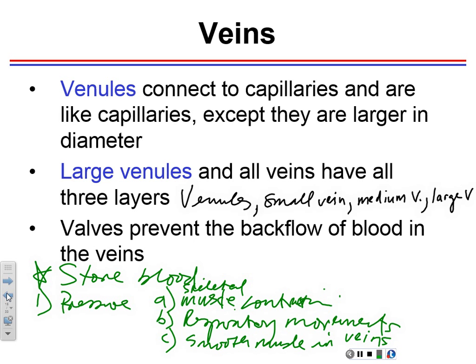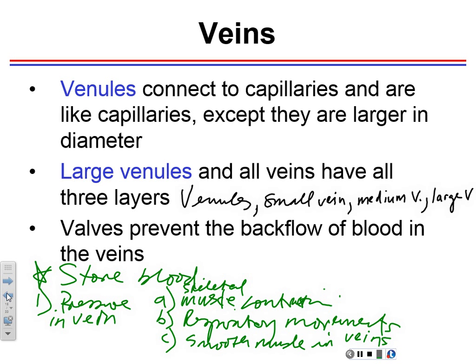Pressure in veins, we can call it, is a result of skeletal muscle contraction, and as a result of respiratory movements, inspiration and expiration. And you can explain that because when you inspire, there's less pressure in the thoracic cavity, and that creates a suction, so blood is pulled up the inferior vena cava.